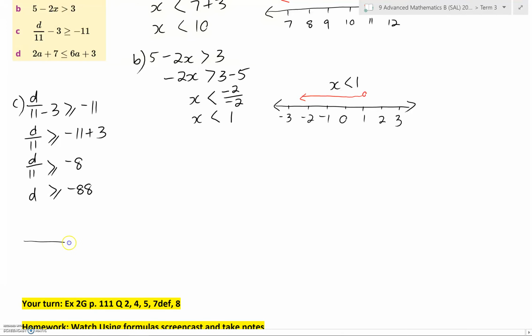Okay, let's try and draw a number line here. So I'm going to go up in 2's this time, simply because I just think it will be more useful.